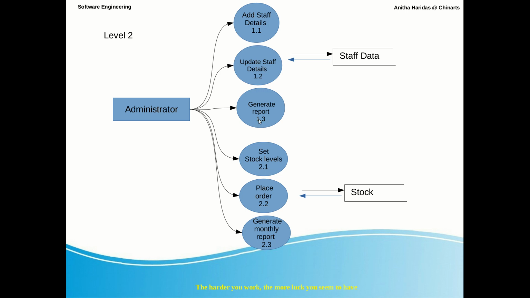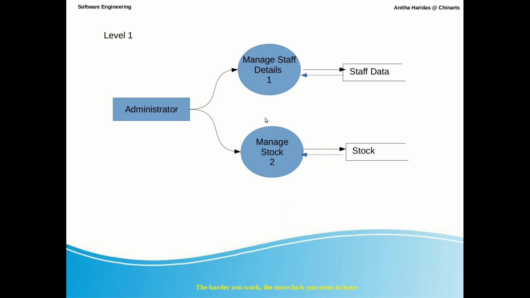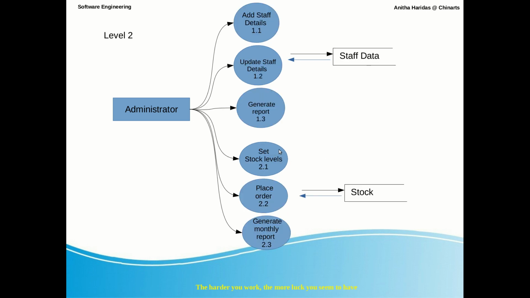That means in the previous level, process 1 is further decomposed into 1.1, 1.2, 1.3. The same way, in the previous level, process 2 is now divided into 2.1, 2.2 and 2.3. This is how the numbering of process in different levels will be done.